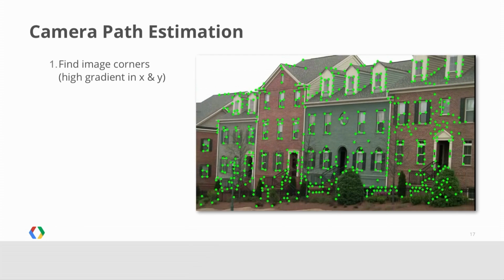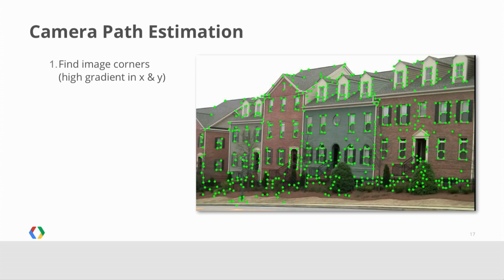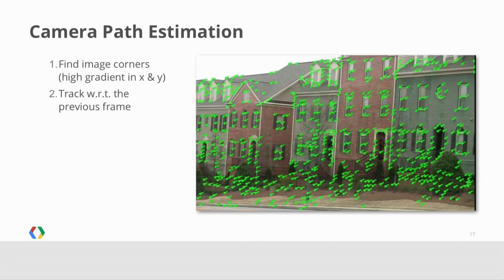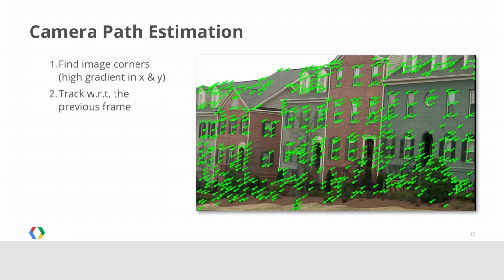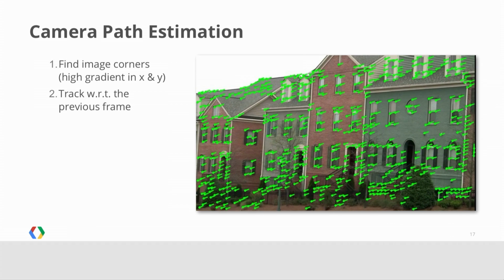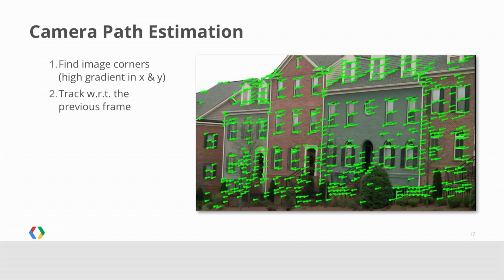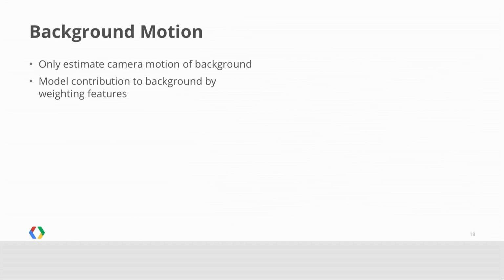So if you look at the windows in the building, the corners of the window are good places to track or have local features. And that is because you can track them in the previous frame. By matching appearance, you can figure out where each of these points came from in the previous frame. And once we have these features, we want to fit a camera motion to them. But there is one important point here, which is we don't want to treat all features equally.